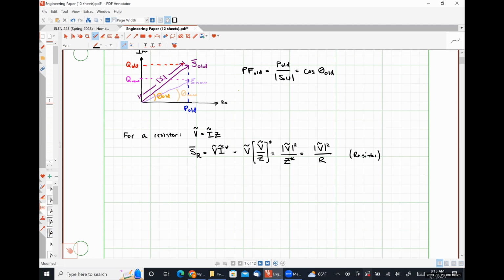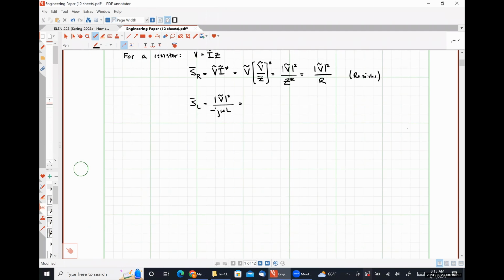If we use an inductor, using the exact same expression, the magnitude of the voltage squared divided by the conjugate of the impedance. I'm going to do something here just really quickly. So 1 over negative J. Let's look at this down here.